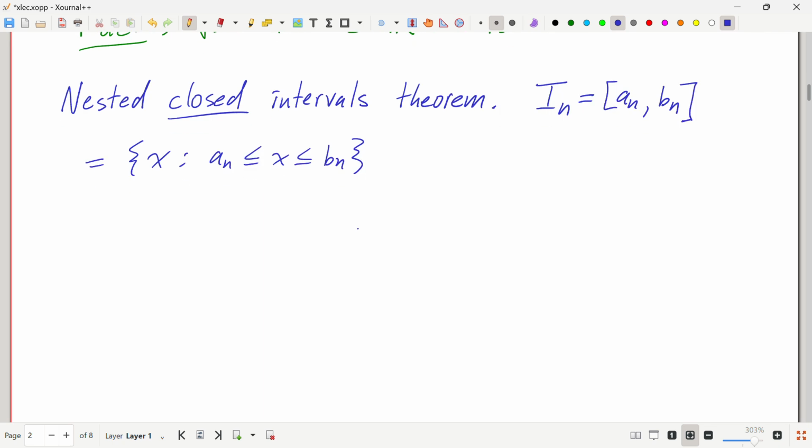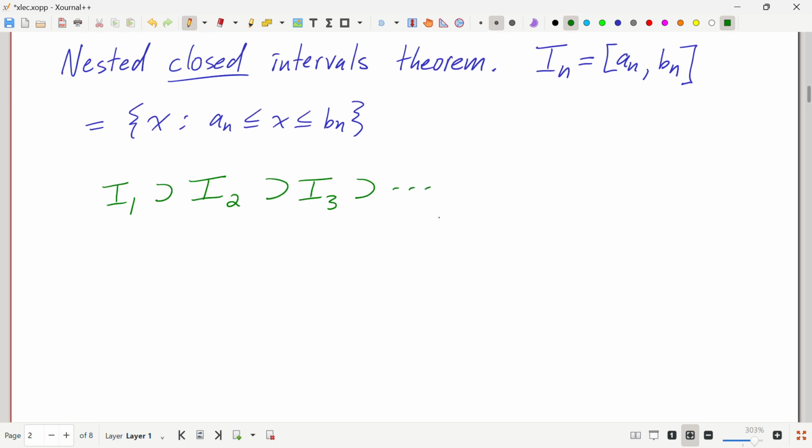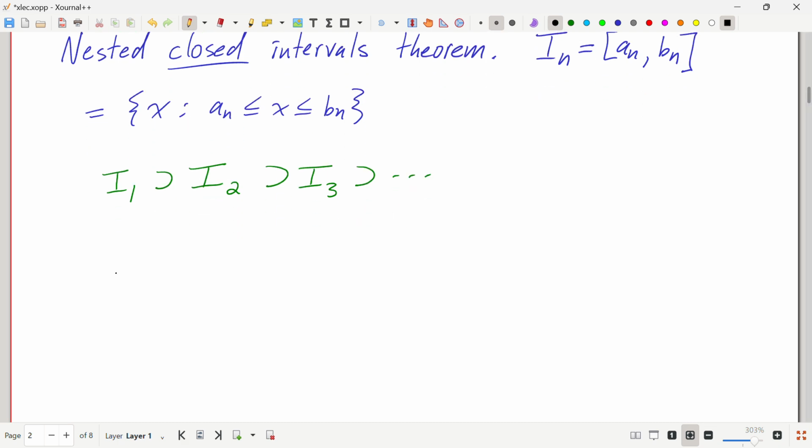Okay, so the nested closed interval theorem is that I've got a bunch of intervals, I1 containing I2, containing I3, etc. And when you think about what that means, we've got a big interval, a1, b1.